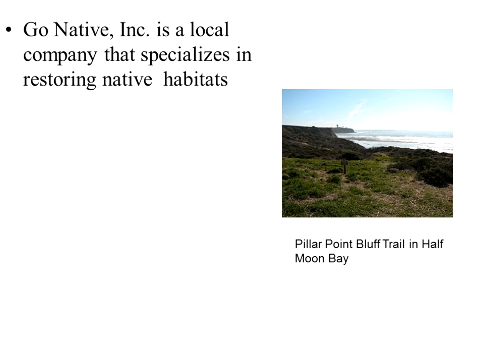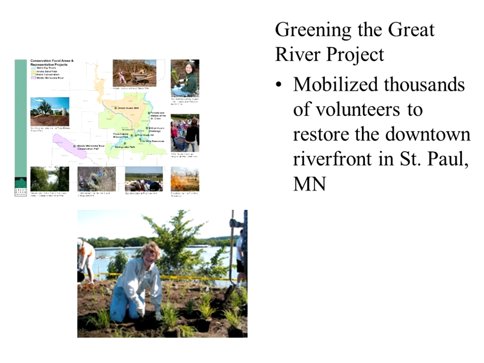The Bay Area is actually an area where some active restoration is going on, which we will examine a little bit later. Go Native is an example of a local company that specializes in restoring native habitats. As I said, these projects are very dependent on volunteers.